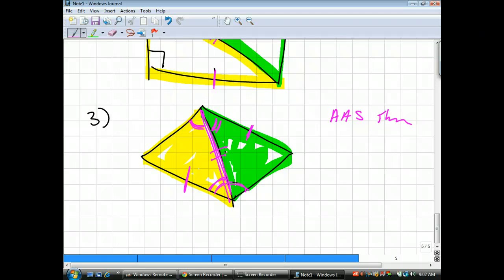So then I could get the angle side angle postulate. I'm sorry, wrong one.